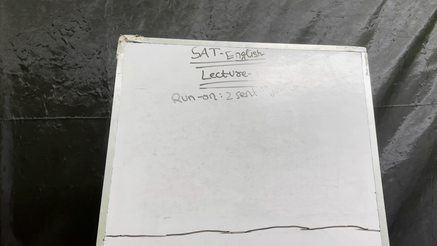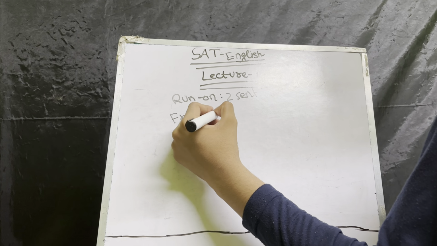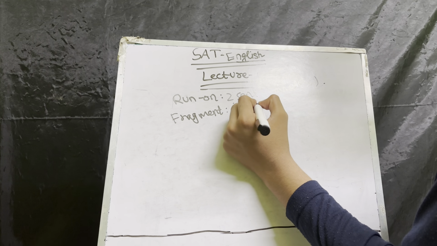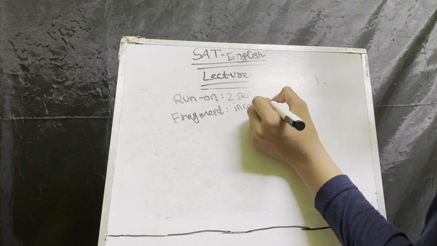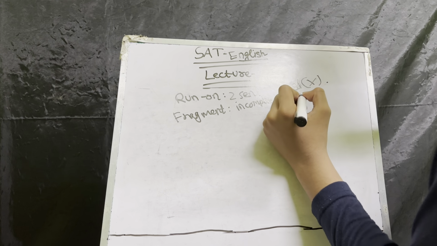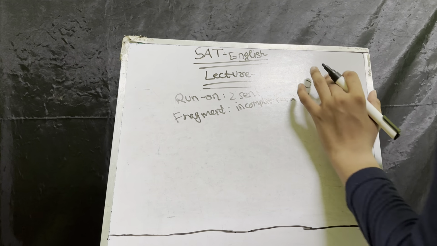So this is the short form. Fragment is an incomplete sentence. So if they give a sentence and ask if this is a fragment or run-on, you can just choose this.